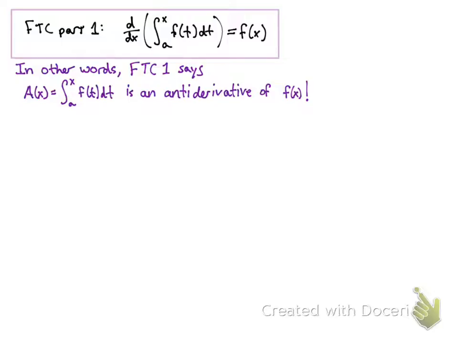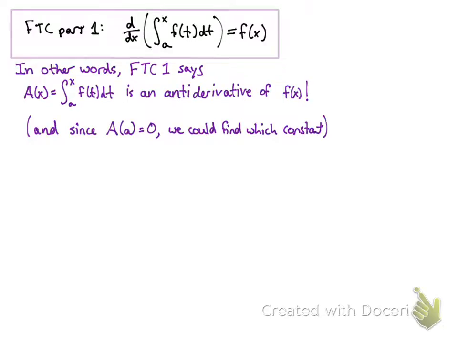And if f of x is a function that we know how to find an antiderivative for, that's great. It's some stuff plus a constant. And we could even figure out what constant it is because we have an input value where we know the output. That function, if you plug in x equals a, you do in fact get 0.